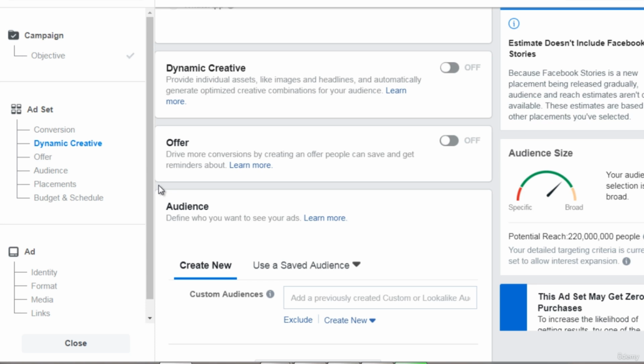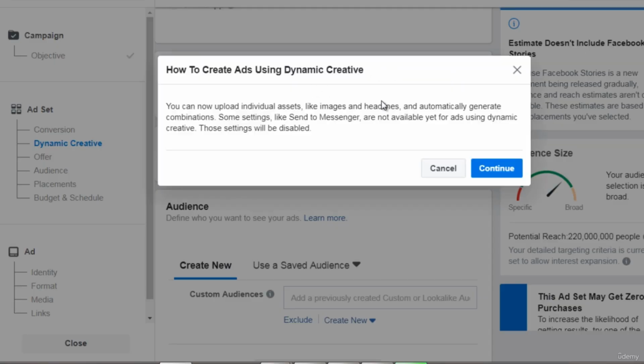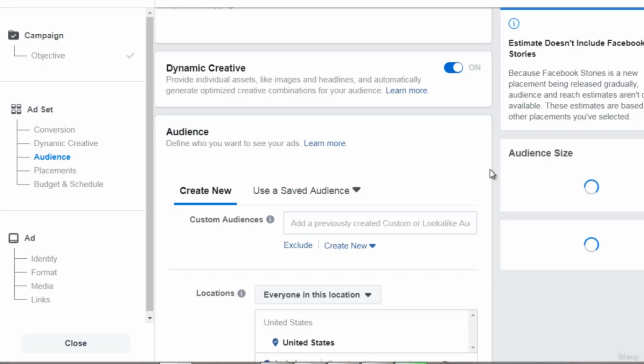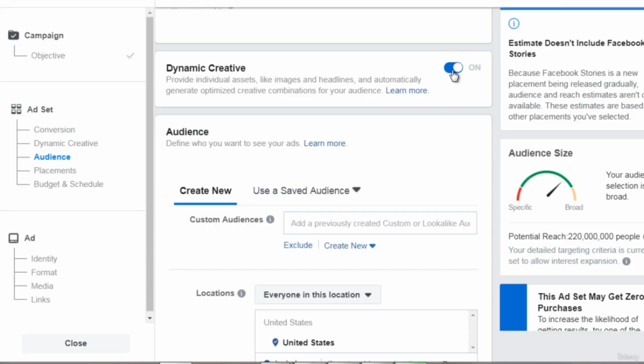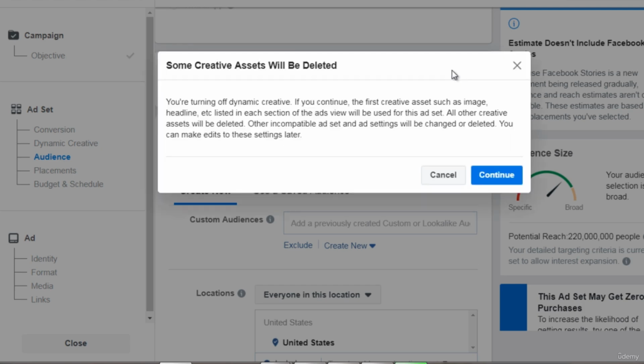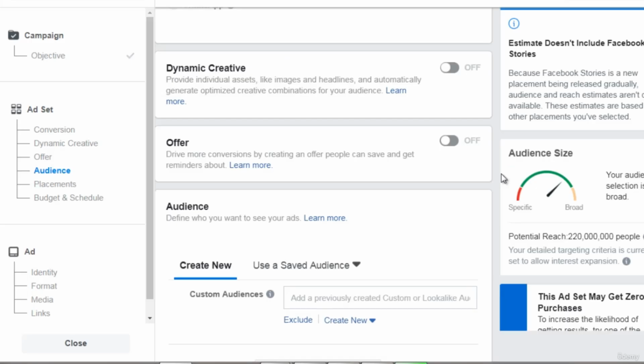It's going to run the ads and figure out which text, which headline converts the best, which image converts the best, and it's going to run the traffic to that ad. So instead of you trying to figure that out, you allow Facebook's very smart algorithm to figure that out. So in order to do that, you would select Dynamic Creative and click Continue. Now, for the sake of simplicity, we're not going to do that right here, but that's there if you want to.